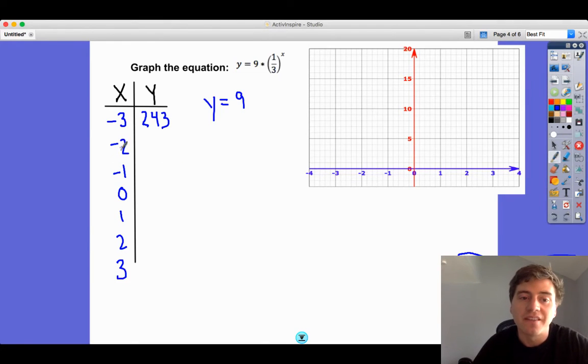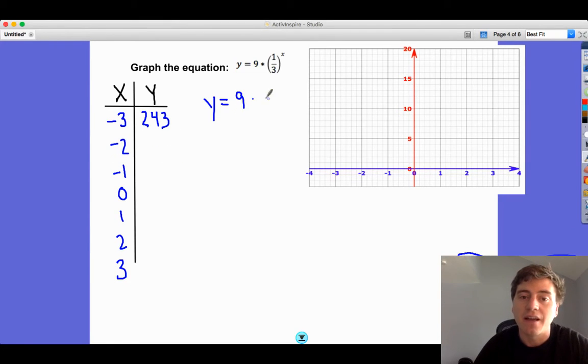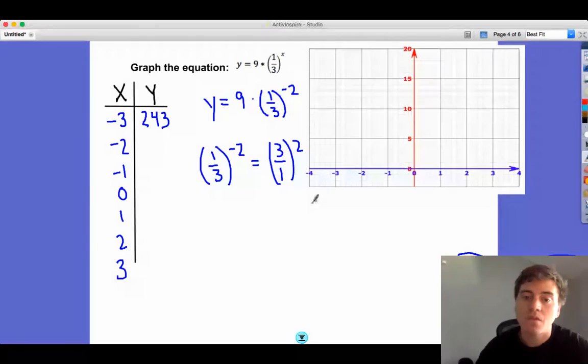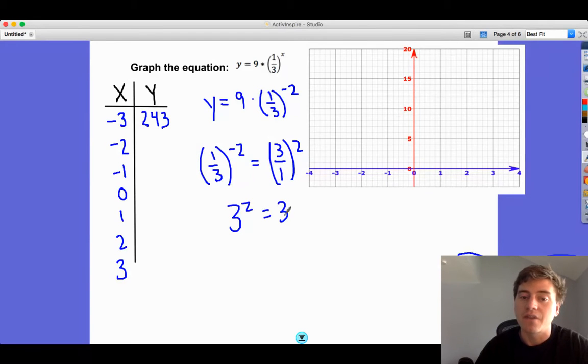So the next one's going to be the same thing, but with negative 2: 9 times 1/3 to the negative 2. We know that 1/3 to the negative 2 will be the reciprocal. That's just going to be 3 to the positive 2. So that'll be 9. 3 times 3 is 9.